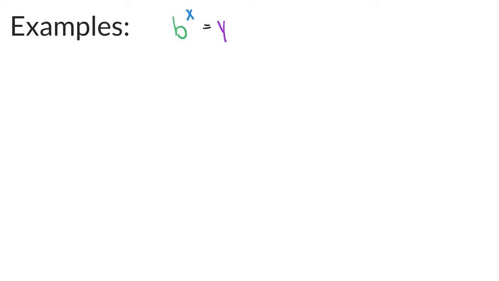If we transfer that to a logarithm, it's basically going to say log base b of y is going to equal x. Okay, so we're going to solve for that exponent. So let's take a look at an example where we would need to use the natural log. We want to make sure that our problem has a base of e. So here we go. e to the x power equals 9.